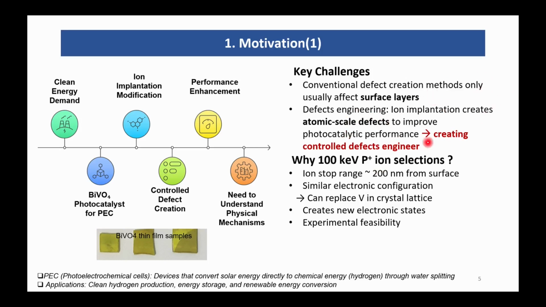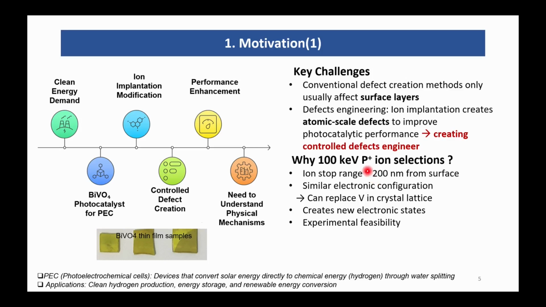Ion implantation can create atomic-scale defects to improve photocatalytic performance, meaning we can do controlled defect engineering. We chose phosphorus ions at 100 kV because the stopping range is from the surface to about 100 nanometers, and the water splitting reaction happens just on the surface and in that very near-surface region.